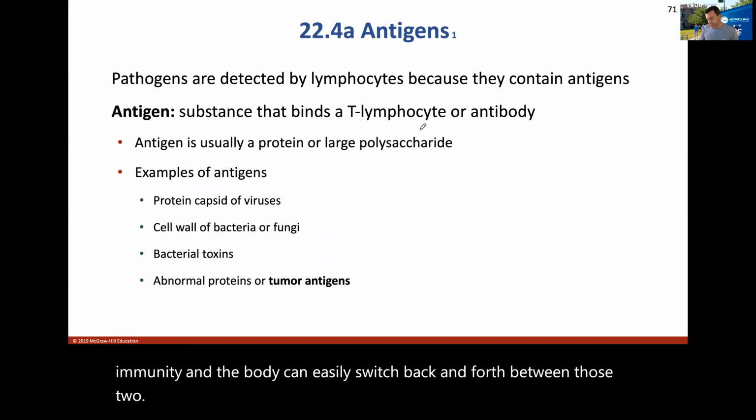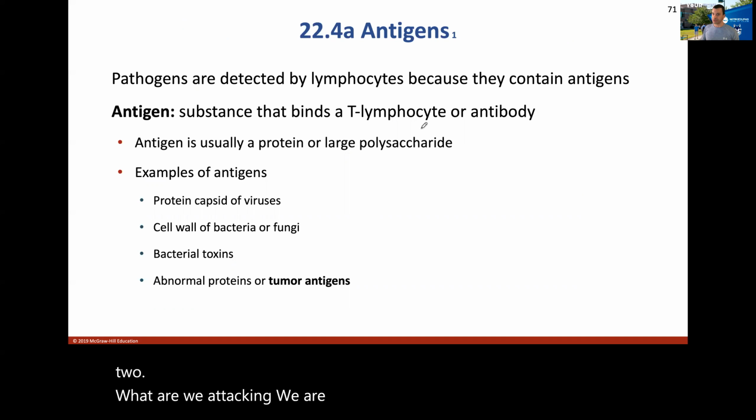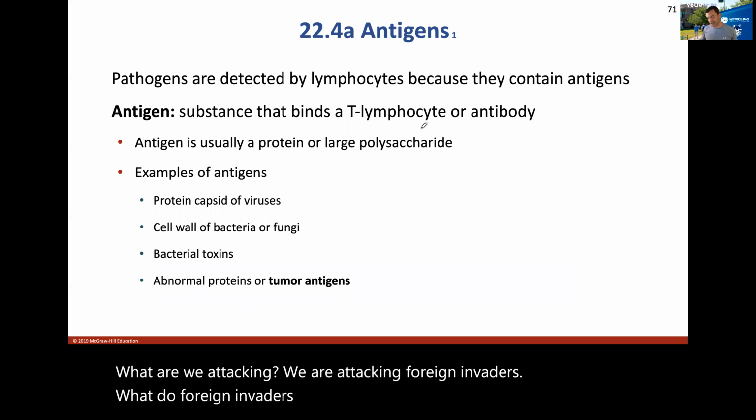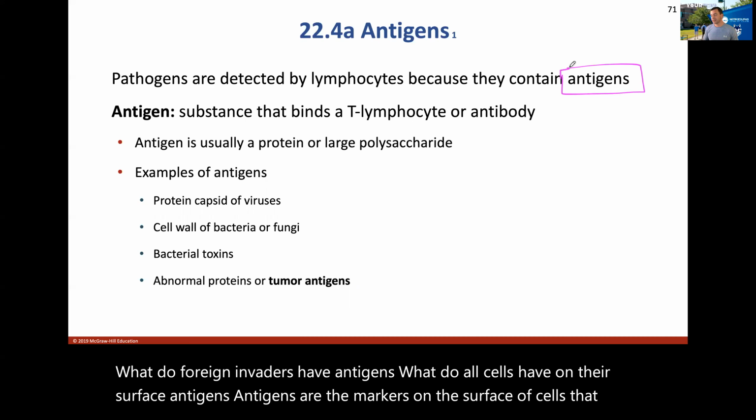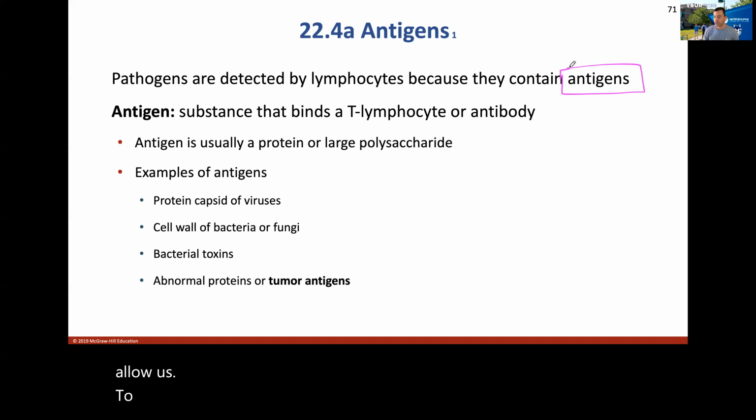What are we attacking? We are attacking foreign invaders. What do foreign invaders have? Antigens. What do all cells have on their surface? Antigens. Antigens are the markers on the surface of cells that allow us to see ourselves or see the foreign invader, okay?